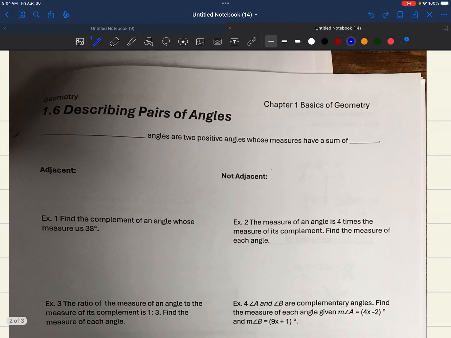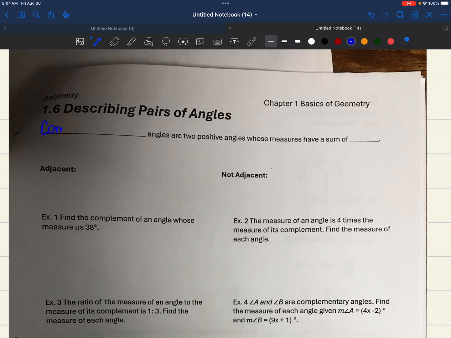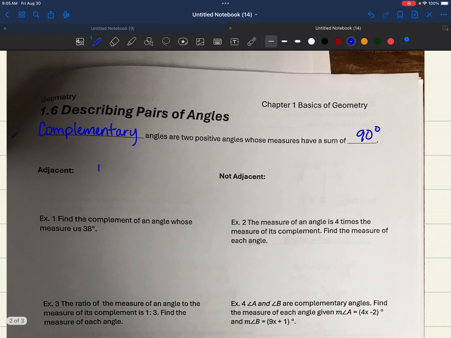Knowing that should help us move a little quicker as we go through this. So, complementary angles are two positive angles whose measure has a sum of 90 degrees. Now, adjacent angles we talked about have a shared what?